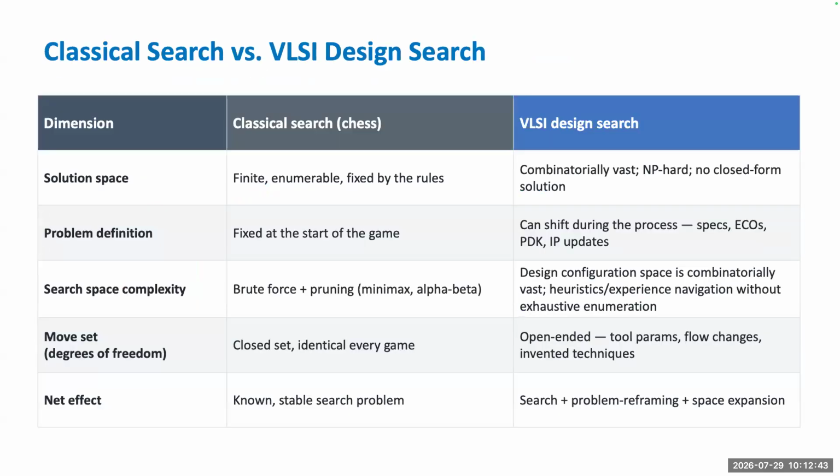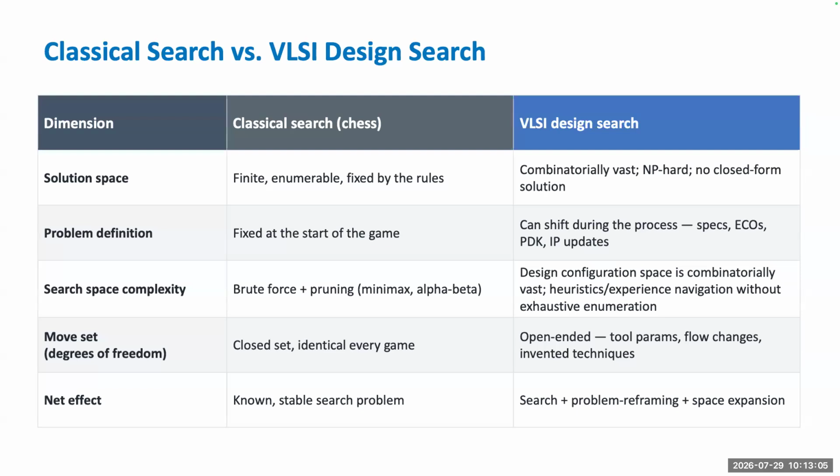So a quick comparison to finish up some of these aspects: if I compare this to another search problem like chess, the big difference is the complexity. Chess is a complicated game, but computers are really good at it. We can write programs for years.